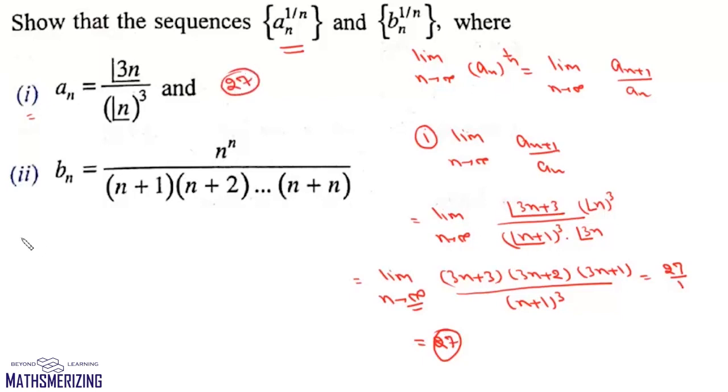Now again for the second one, we can write this as limit n tends to infinite bn plus 1 upon bn.